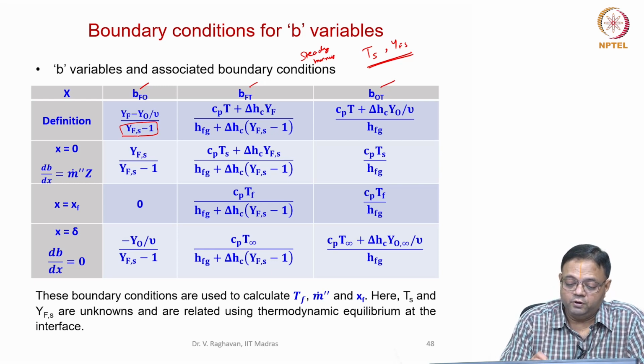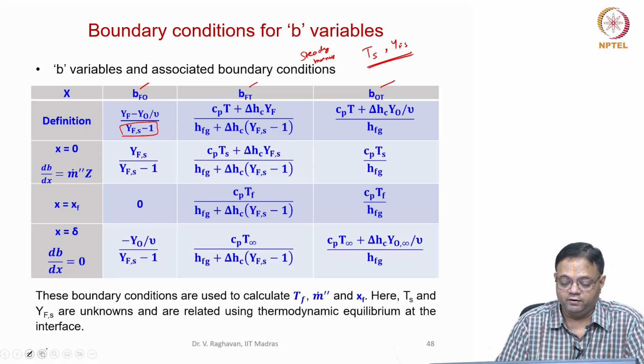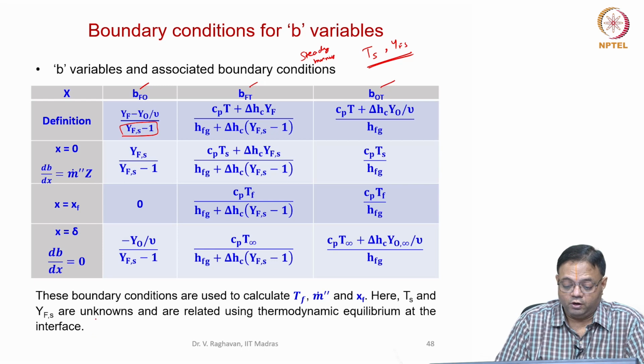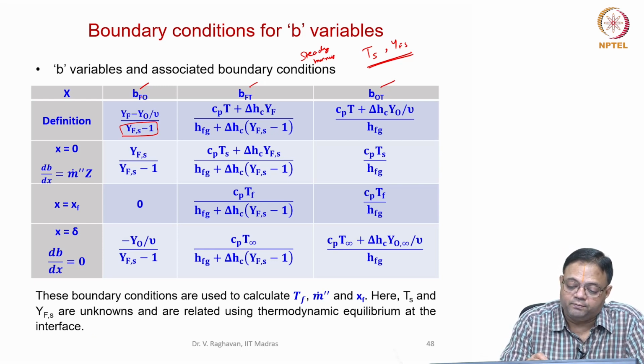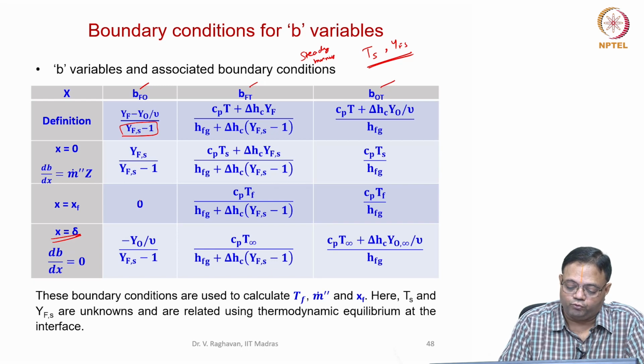Similarly, the boundary condition at the interface will be, when I define this variable, YFS by YFS minus 1, because I am dividing. At the flame it is 0. Since oxygen also is present in BFO, at the flame oxygen is also consumed, so YF and YO both are 0.